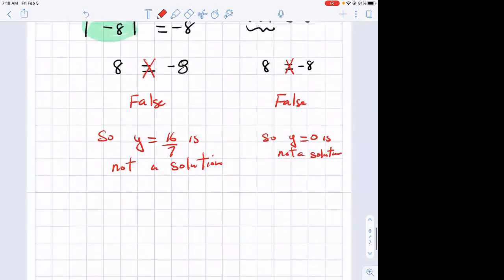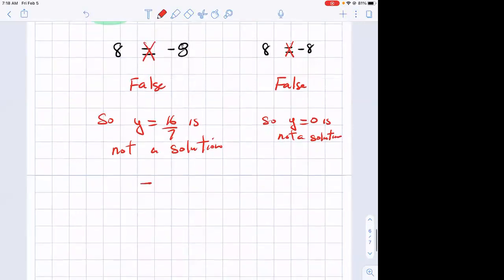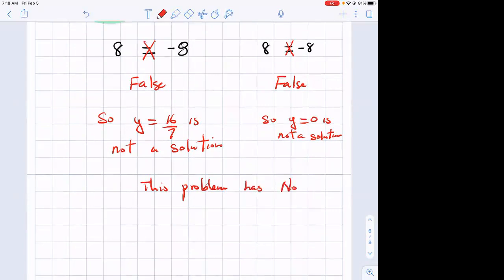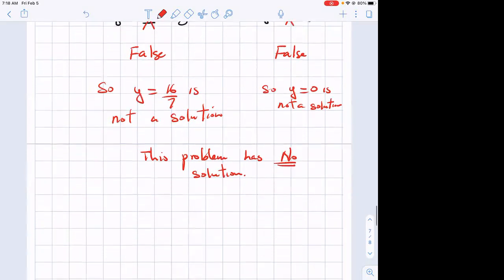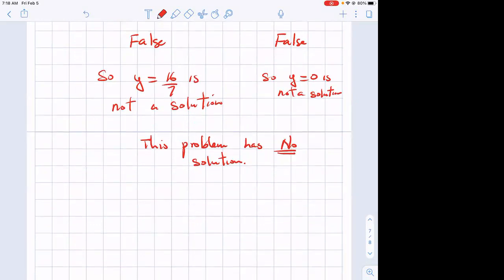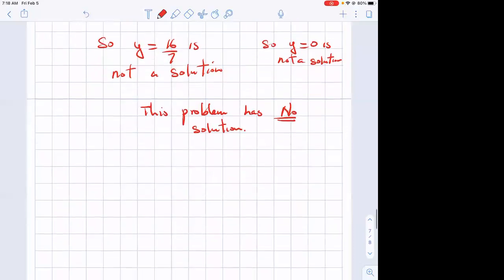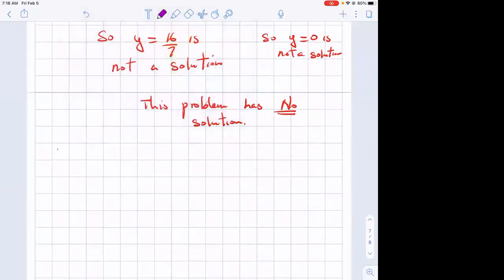So the conclusion here is this problem has no solution. This is what I tried to point out earlier. Note, we had the absolute value of 8 minus 7y plus 9 is equal to 1.